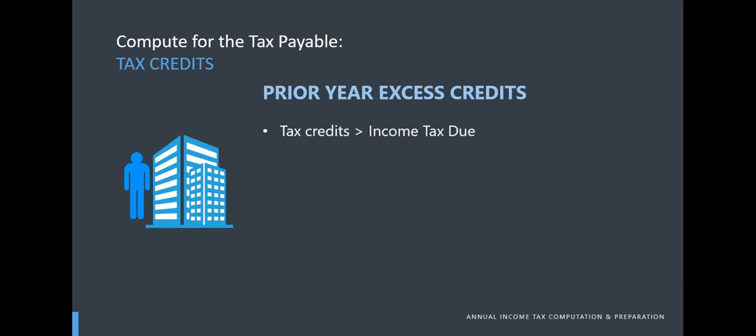Prior year excess credits. So prior year excess credits results from if the tax credits during the taxable year or during the preparation and computation in the annual income tax return is greater than the income tax due. So this includes excess creditable withholding taxes.